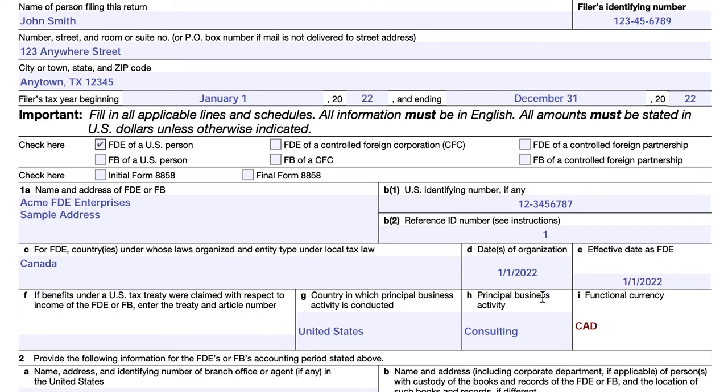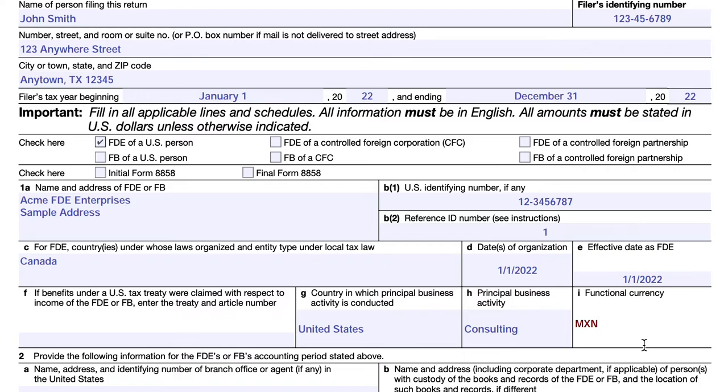If you were using euros, it would be EUR. If you were using, say, Mexican pesos, that would be MXN. Those are probably some of the more common ones. If you started going down the list, Japanese yen is not YEN, it is JPY. But we'll go back to our Canadian example of CAD.